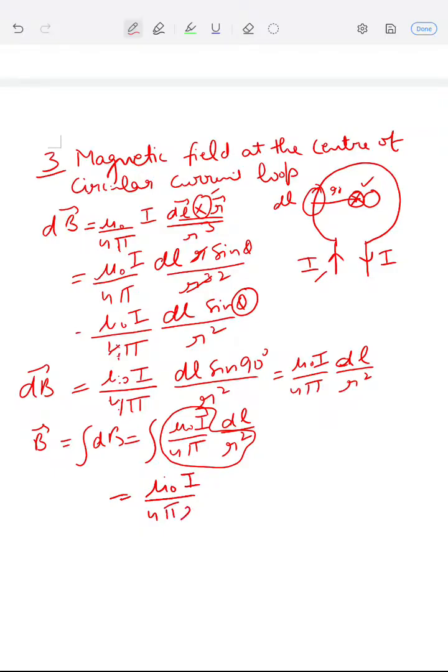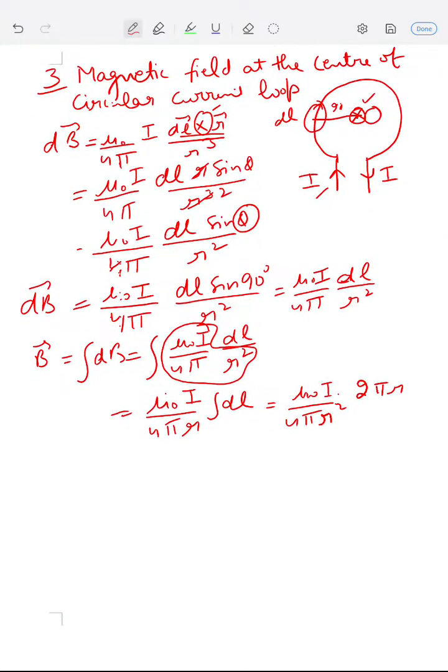We integrate dl, which is the circumference of the circle, 2 pi r. So mu 0 I upon 4 pi r square times 2 pi r. The r cancels out, 2 cancels out, pi cancels out. The equation is mu 0 I upon 2r. This is the total magnetic field of the circular wire.